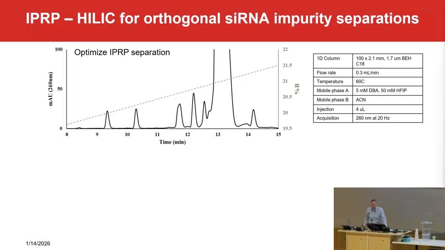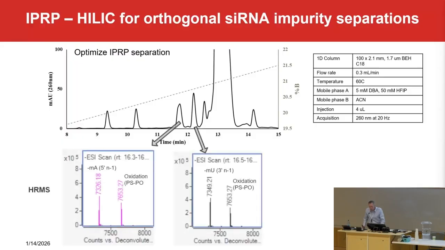HILIC has some unique selectivity and orthogonality differences compared to ion pair reverse phase for oligonucleotides, and so we really leverage that selectivity difference. If you just do high-res mass spec on some of these peaks, you can see very clear overlap of N-1s and then our oxidation impurities.